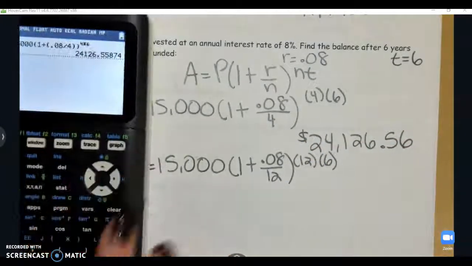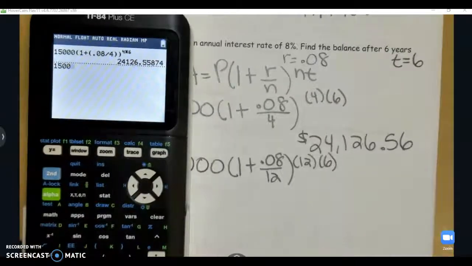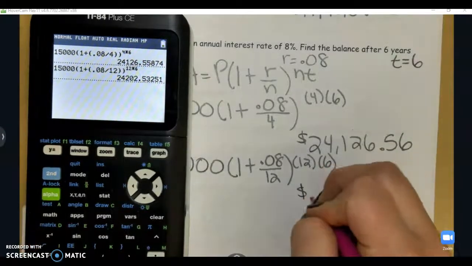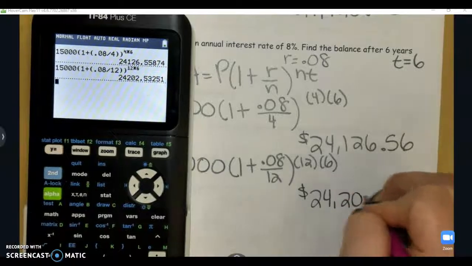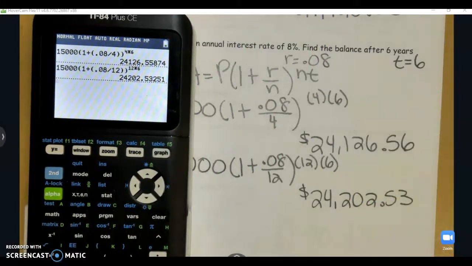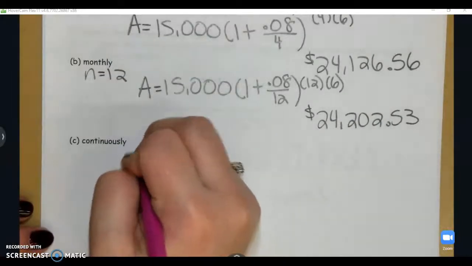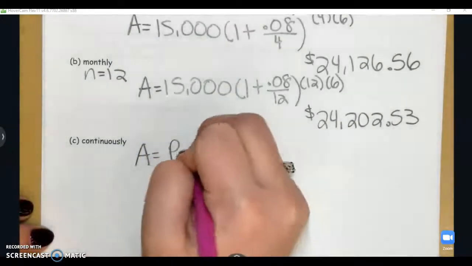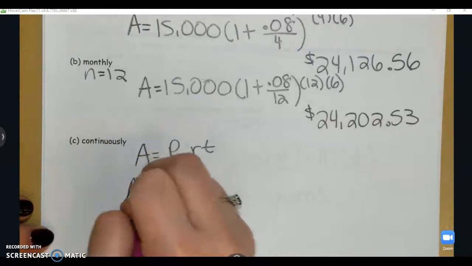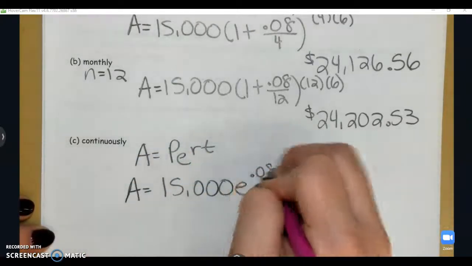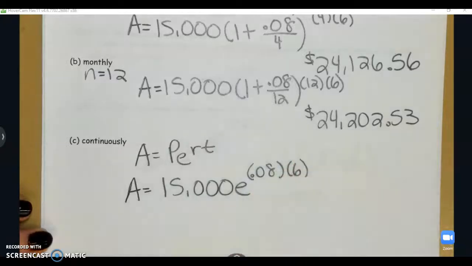And hopefully you're gathering that doing this, we should be having more yield in our account after that same amount of time when we're compounding more often. And that does give us a little bit more. And then lastly, if we're compounding continuously, we're going to have to use our other formula without N. So the amount in the account for $15,000 principal with the same interest rate after 6 years.